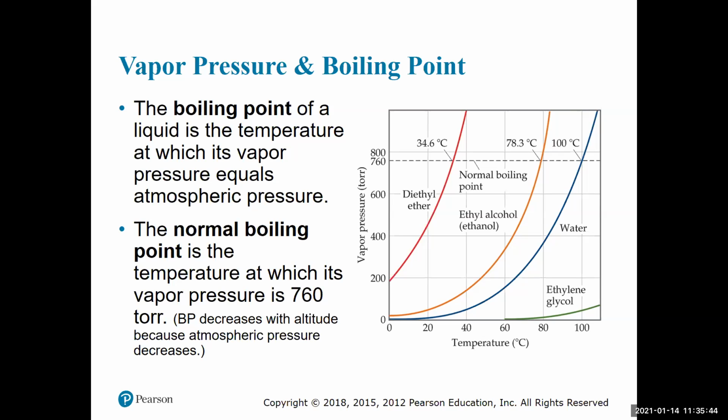Because boiling point is related to atmospheric pressure, if you go up in the mountains, the boiling point decreases with altitude because atmospheric pressure decreases with altitude. So if you live in the mountains in Colorado or somewhere high up, stuff is going to boil at a lower temperature, because the atmospheric pressure is different at those higher altitudes.